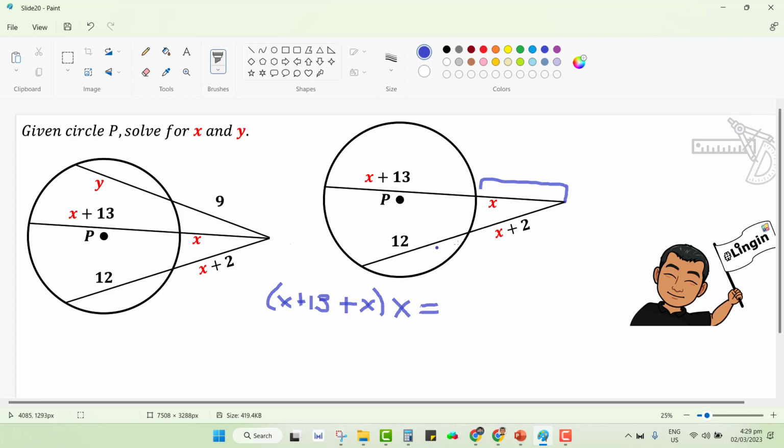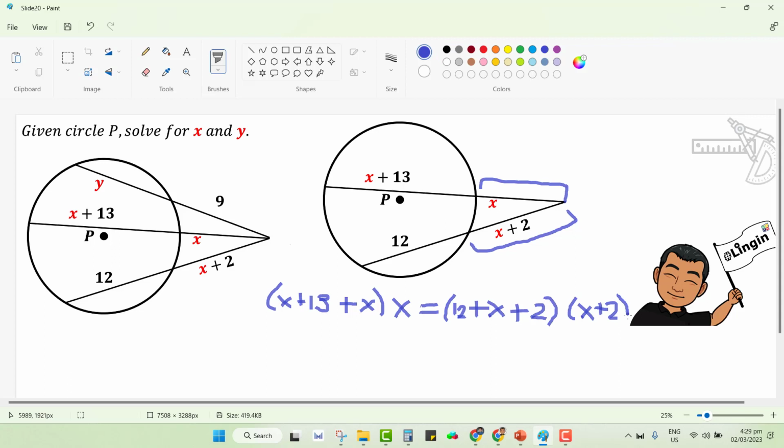It's the product of the entire secant segment, not just this 12, but the entire one. So it's actually 12 plus x plus 2, multiplied by the exterior secant segment x plus 2.